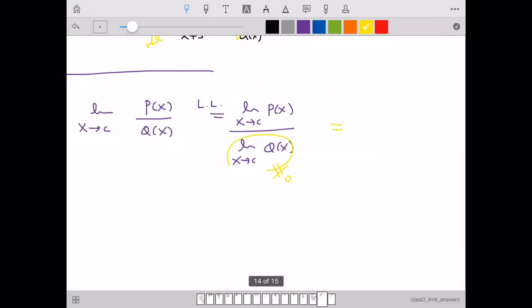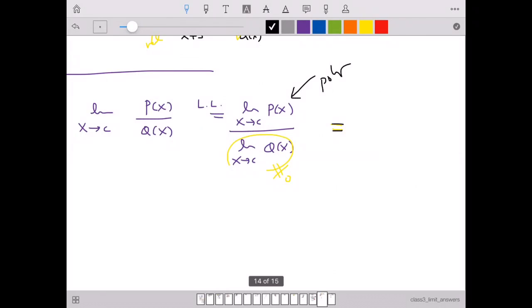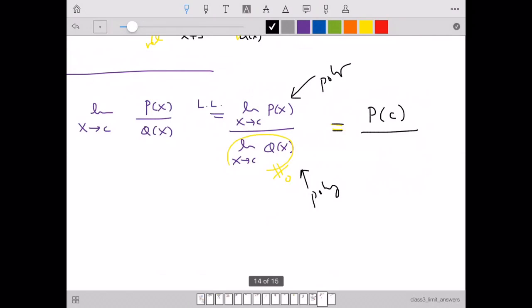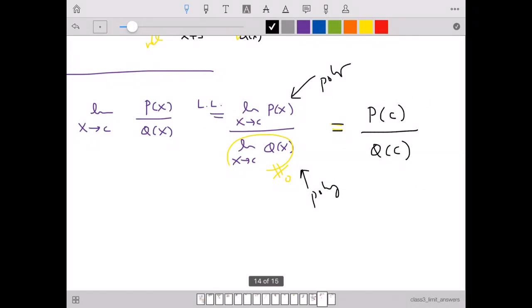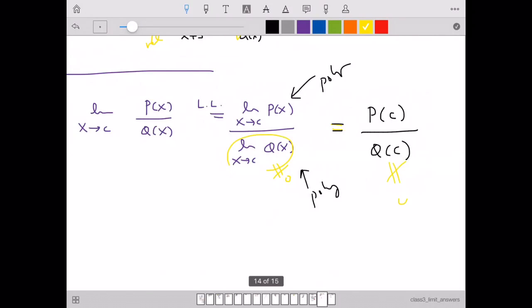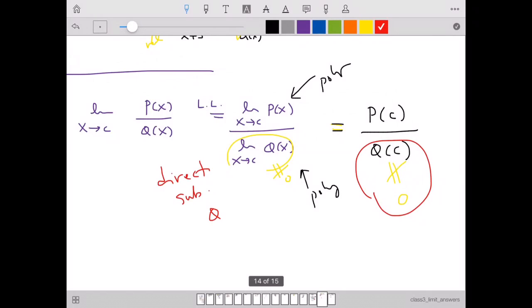Well, since this is a polynomial and this is also a polynomial, we can do direct substitution for the polynomials. So it will be p of c over q of c, knowing that q of c is not 0. If q of c is not 0, then we can do direct substitution to find the limit.